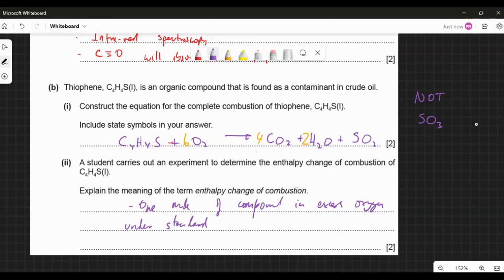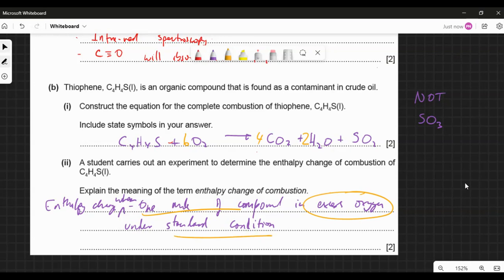I think that's good enough. It is the enthalpy change when. As long as you get the pivotal things, the 1 mole of compound, excess oxygen, standard conditions, I think you're good. That's all you've got to do there.